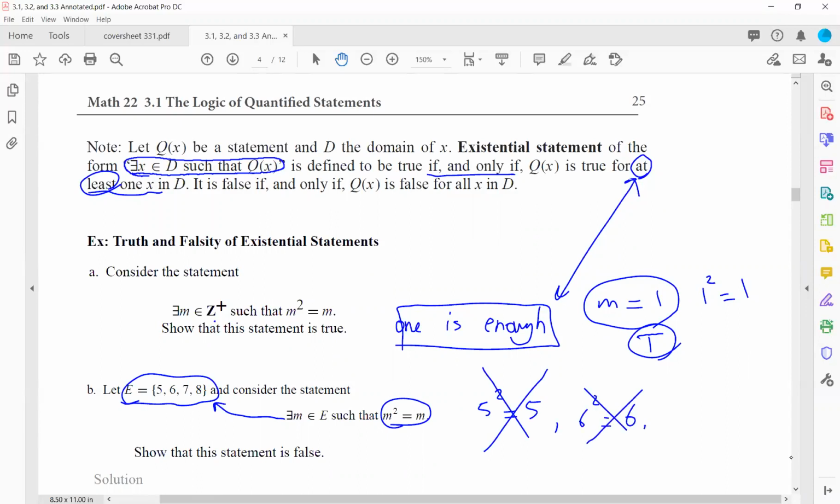Nope. 7 squared is equal to 7? Of course not. 8 squared is equal to 8? No, of course not. So in this domain, I cannot find one element. I checked all of them, and none of them are working. So this statement is false in this domain. Guys, you need to be careful about the given domain.